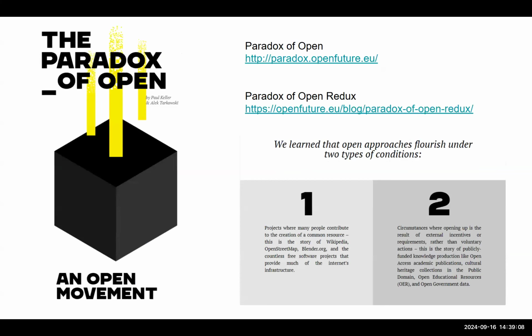Now, there's this article called The Paradox of Open, and another article called The Paradox of Open Reading. This is about how open approaches can flourish, but they can only flourish under certain conditions. So just because you have a well-designed organization or project, you know what you want, you have a community, and you've chosen to become an open source project, it doesn't mean that you're going to find success. It means that you have the potential for success, but you're not quite there.